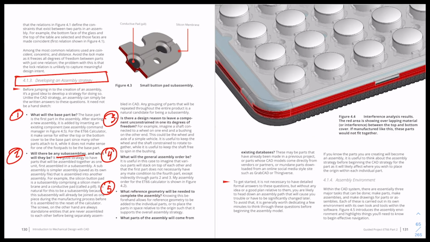And then also, the last thing we want to ask ourselves is, in our assembly strategy, what parts are going to come from existing databases? So for example, I might find a database of O-rings, or a database of screws or bolts, or a database of common parts like that. And I may choose to have some of those parts come directly from existing databases. And knowing that before I begin my assembly is a good thing to do.